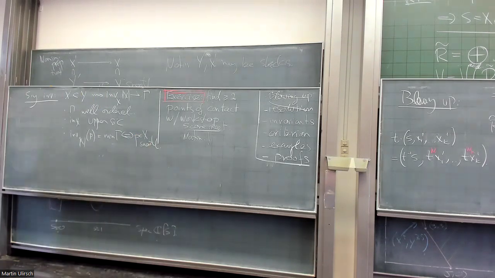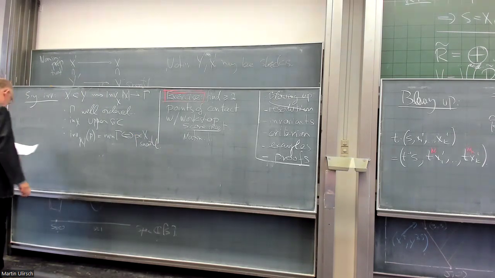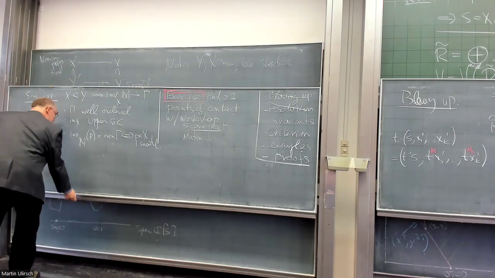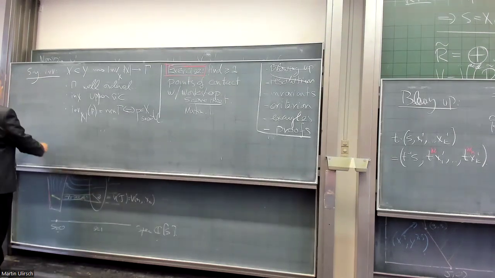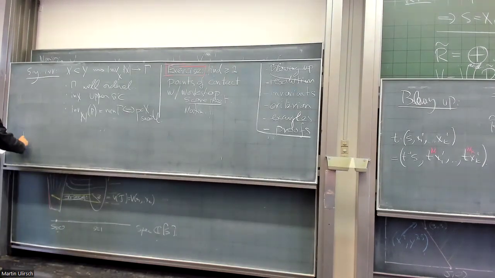When I don't work in positive characteristic, I'm allowing myself to use p for a point. That's not quite enough for what I will want. I want it to be functorial.